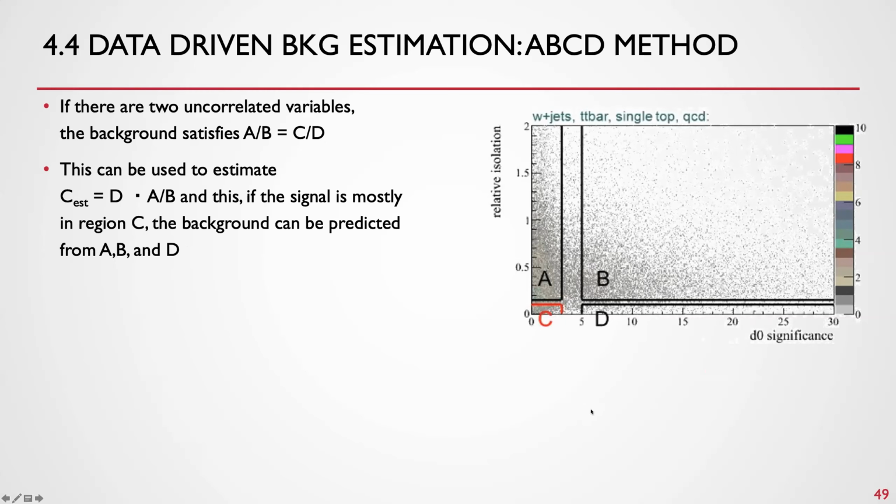If this is so, and your signal sits in the region C, then you can obtain a background prediction, a C estimate, by exploiting this relation. You rewrite it: the estimate of C is the observation in D times the ratio of the observations A over B.